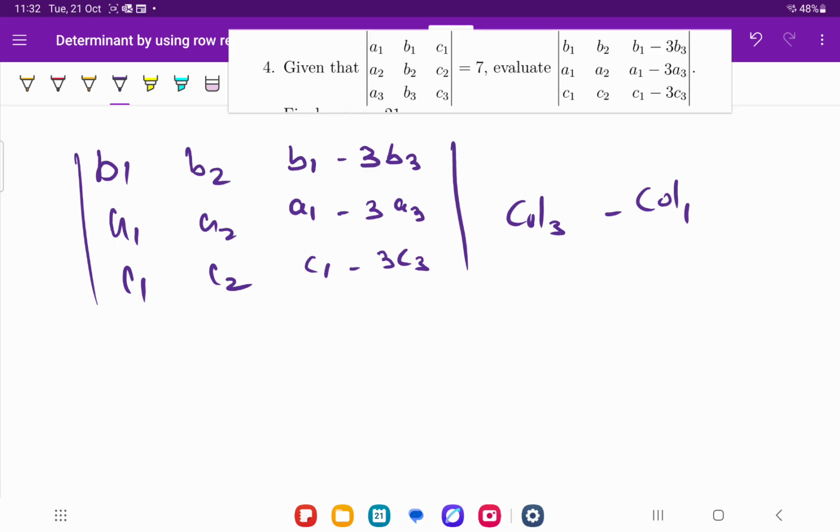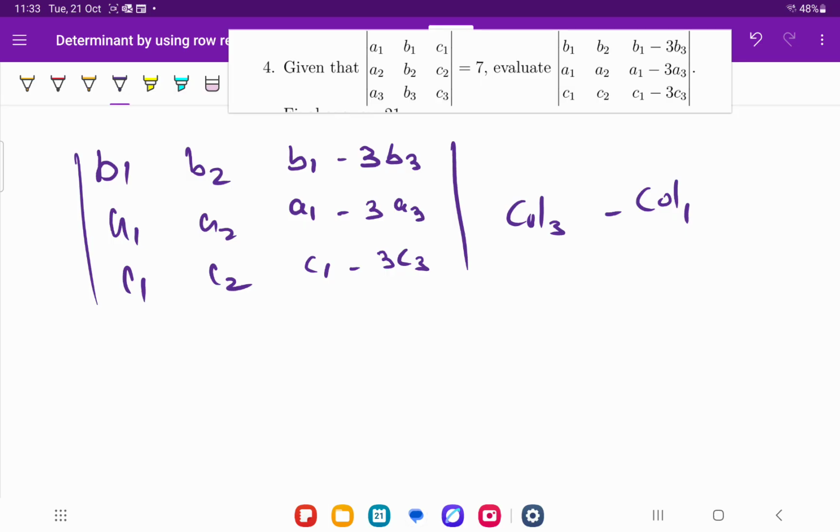So why am I writing in this format? Because whatever I am writing on this side won't change. The right side won't change, but column 3 will be affected.